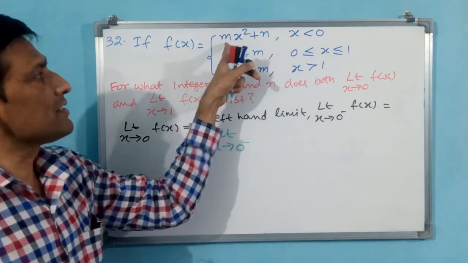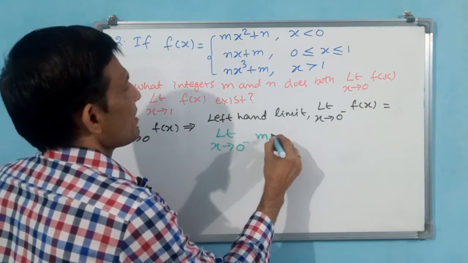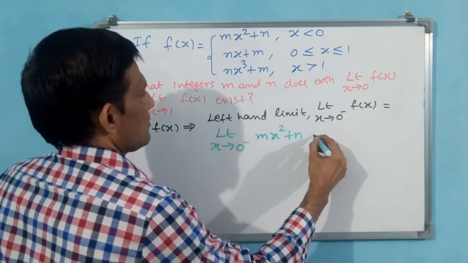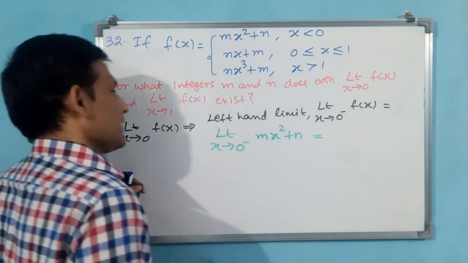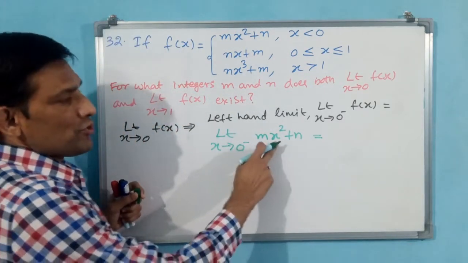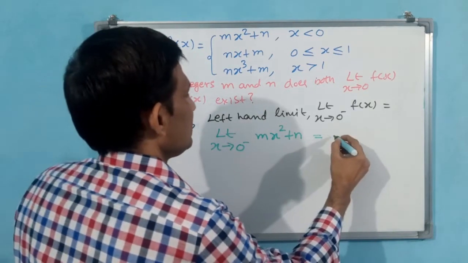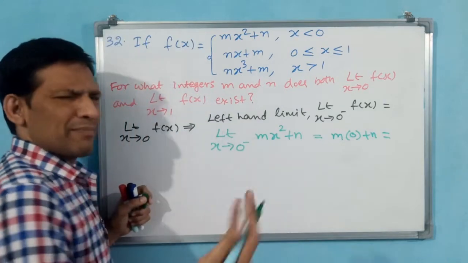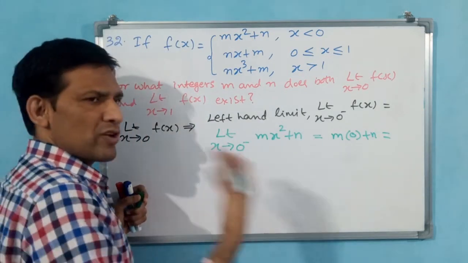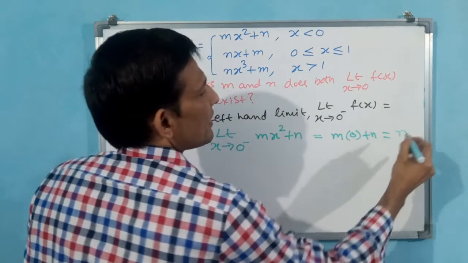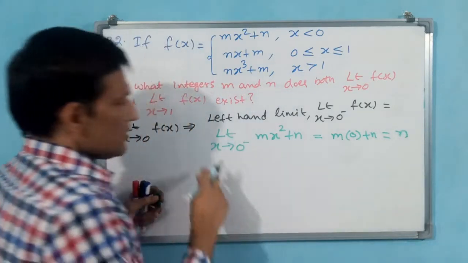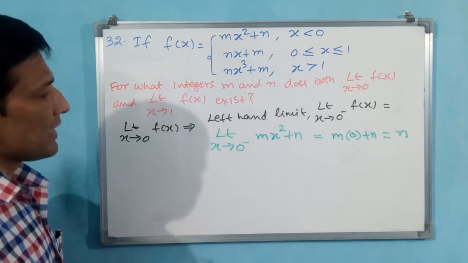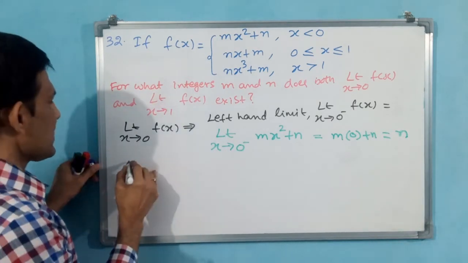Less than 0 is what? You write down this function: m x square plus n. That is equal to. Now you substitute 0 in place of x. m into 0 plus n. 0 square, 0 all are equal, 1 square, 1 all. That means n. See, left hand limit is n. Now go for the right hand limit again. Write down right hand limit.